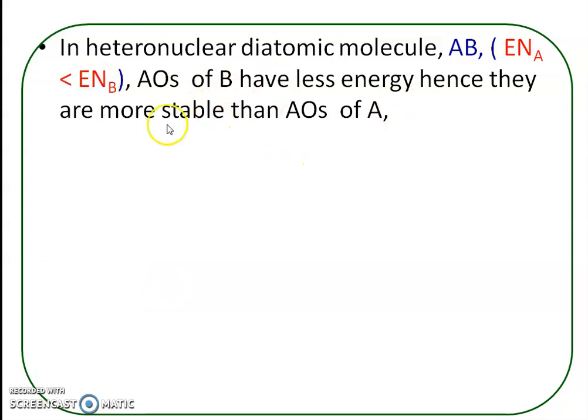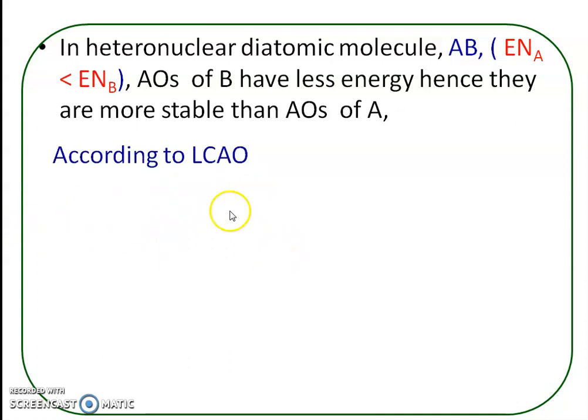So the summary of this point is, the atomic orbitals of B have less energy than the atomic orbitals of A, and because of this they are more stable than the atomic orbitals of A.